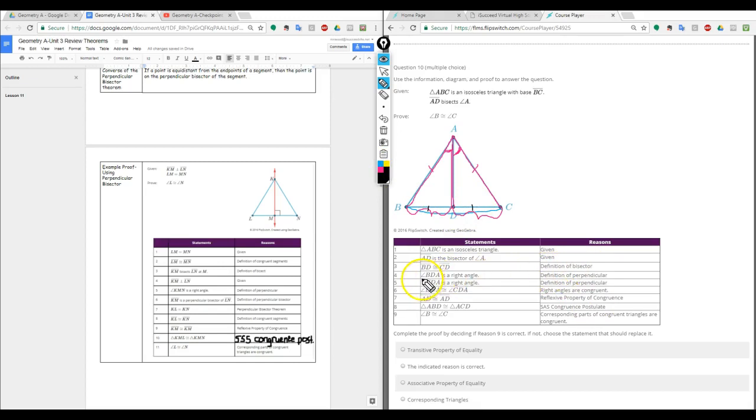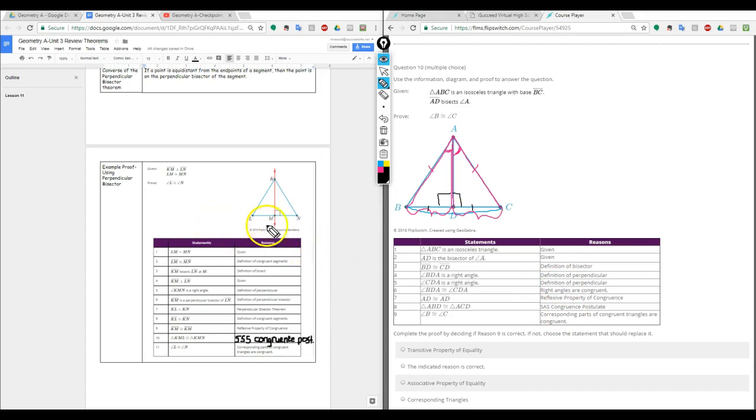And then it says angle BDA is a right angle, and that's the definition of perpendicular. So that's saying that angle BDA right there is 90 degrees. And then it also says angle CDA is a right angle right there. That's the definition of perpendicular.